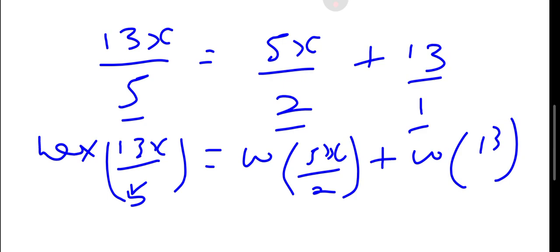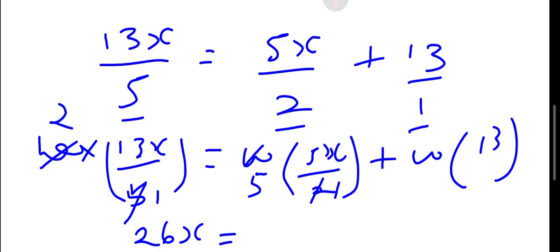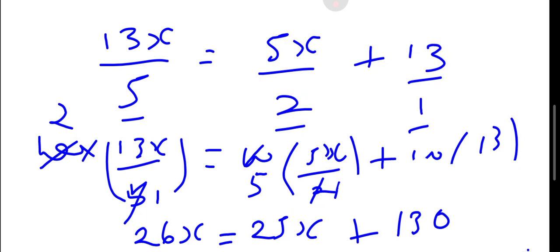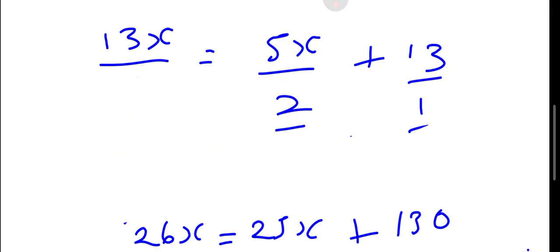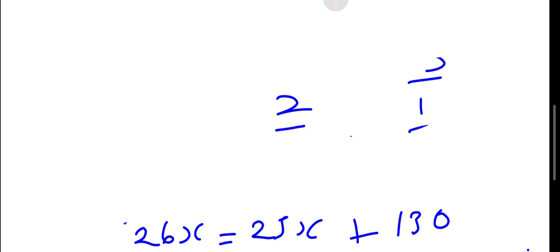So yes, so 5 will go into 10 twice. 2 goes into itself, 1 goes into 10 how many times? 5. So you're going to have 2 times 13, which is 26. So you have 26x equal to 5 times 5x, so that's 25x plus 10 times 13 is 130. So let me clean the top once again. 130.